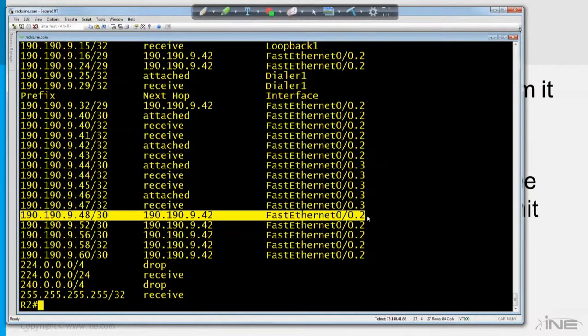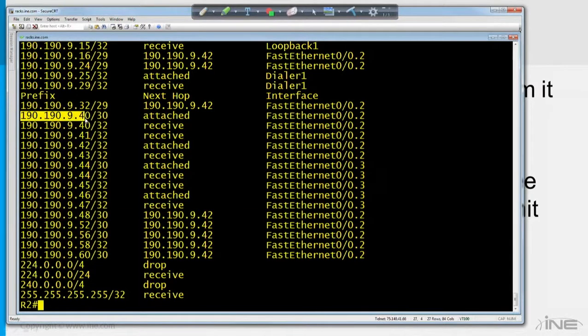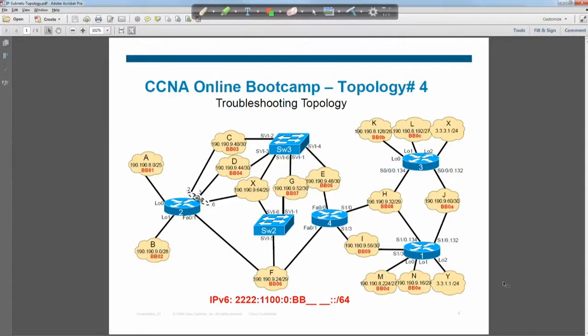It also asks us just to look at this and see if we can recognize any differences and what those differences are. So the first thing is, notice that if you're looking at the topology diagram, we're doing this on router 2. So on router 2, 9.40 is directly attached to him, whereas subnet E, 9.48 is not. He's not directly connected to that.